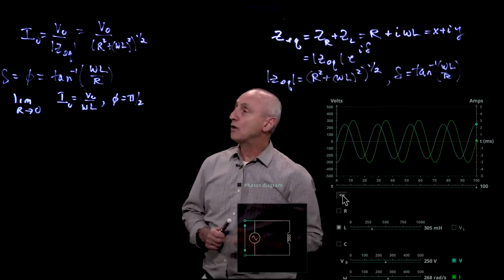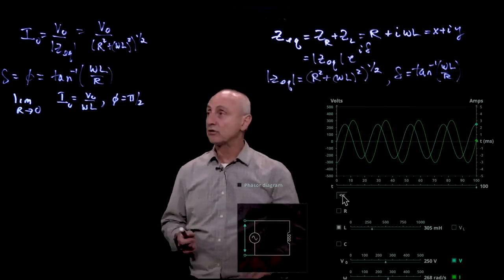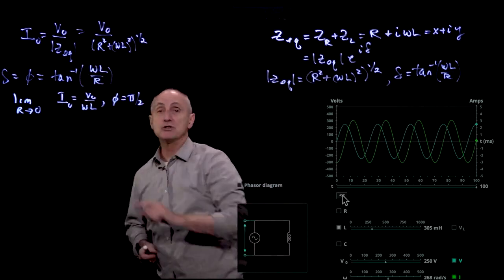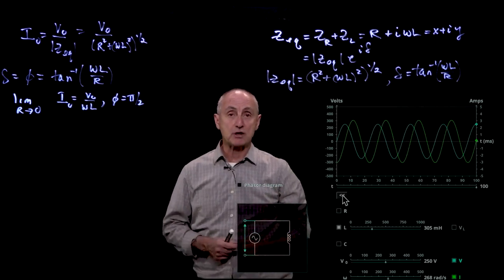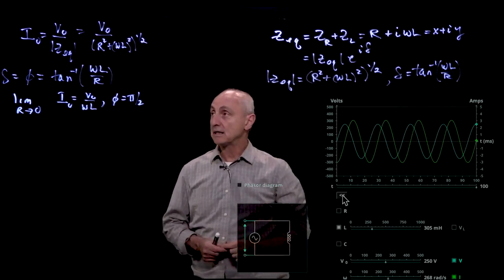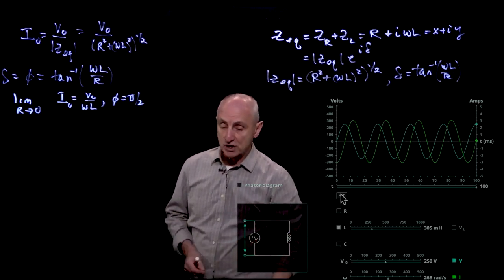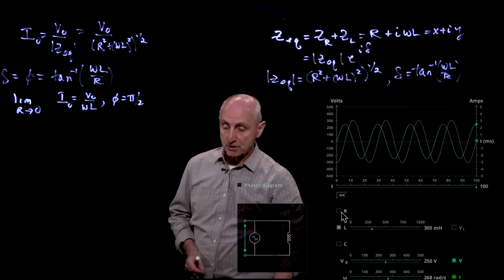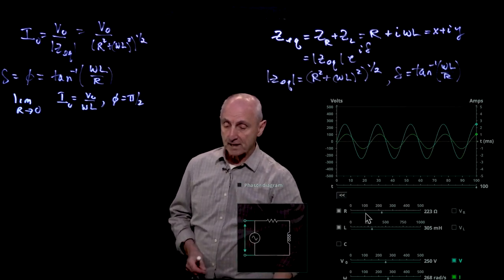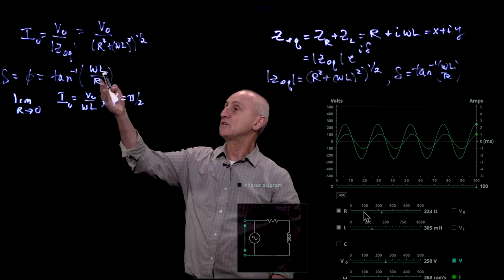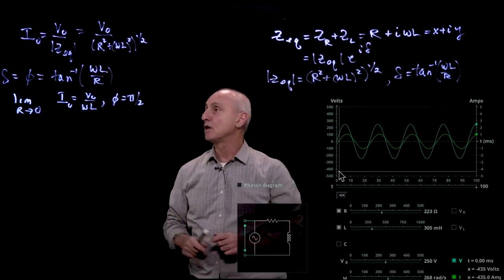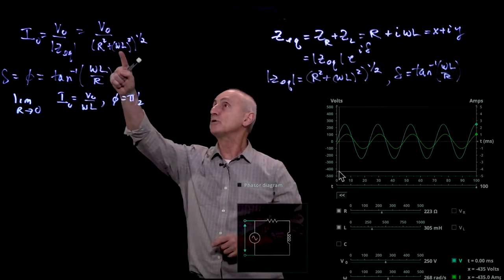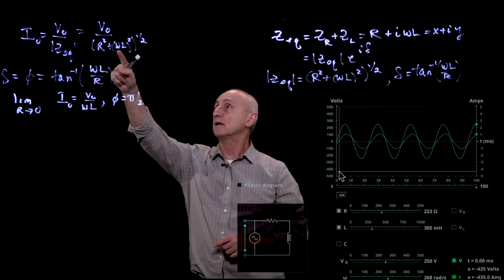Now, we also can consider what happens in our actual expressions if we just increase or decrease the various parameters that are describing this circuit. Let's put some resistance back into the circuit. And let's start by seeing how these results depend on the driving frequency. So notice that the amplitude depends on omega.